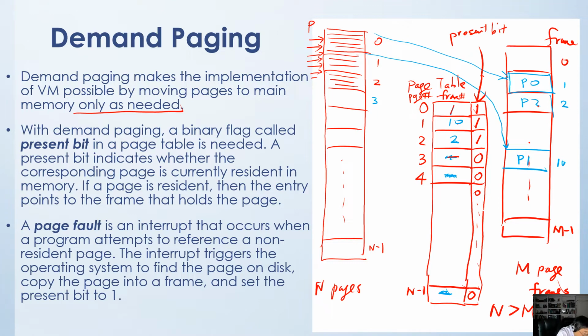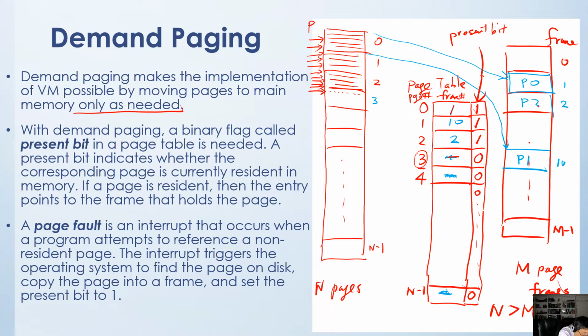Now we continue to run, and after page 2, we start to run an instruction located in page 3. Now what happens? The operating system checks the page table.